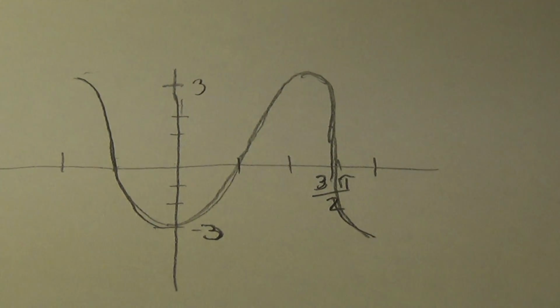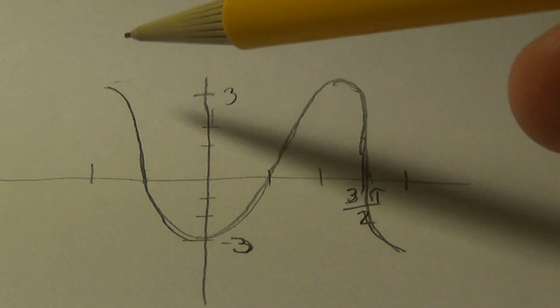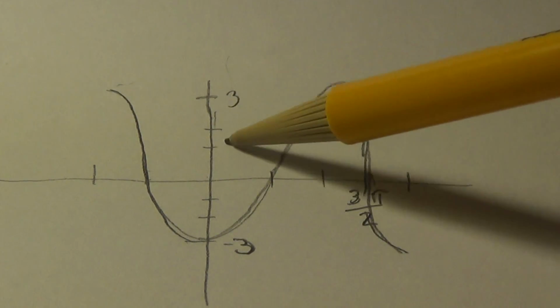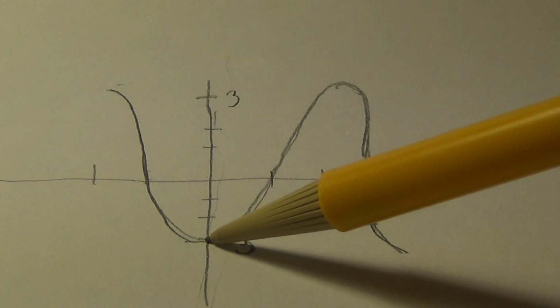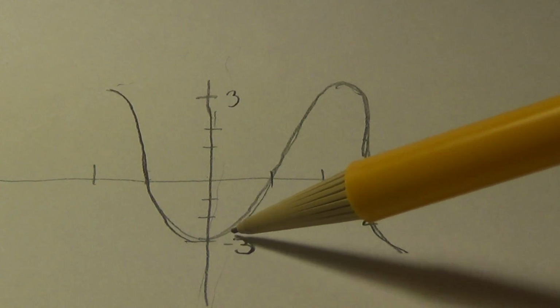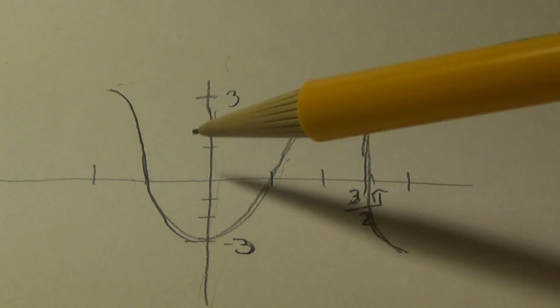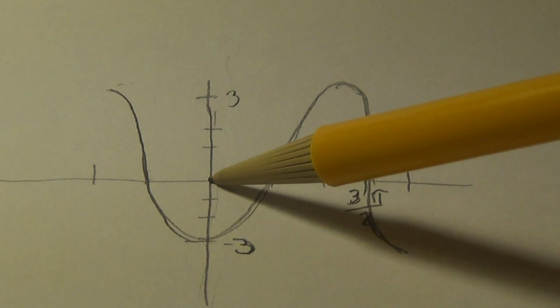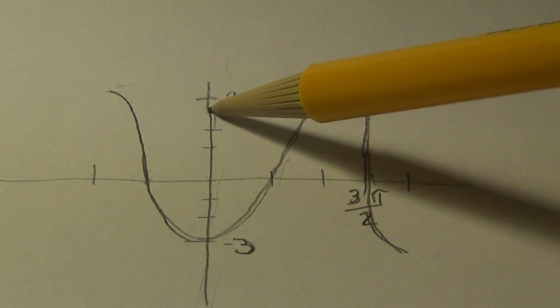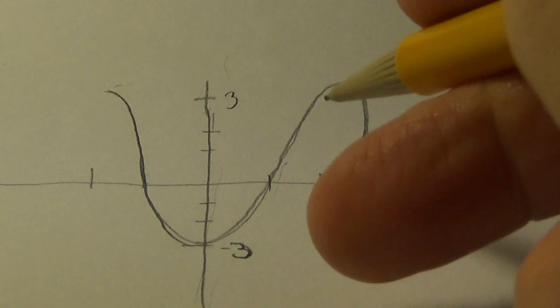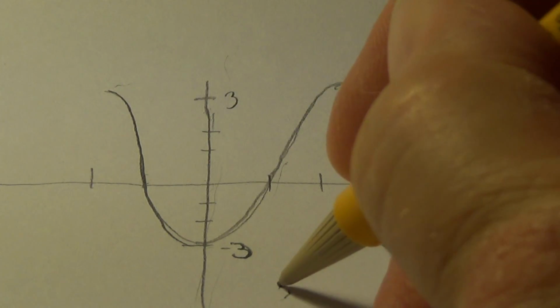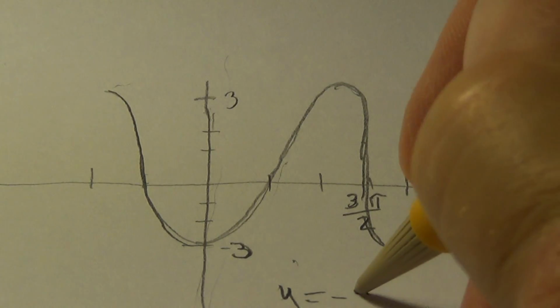So here we have a function, and if I check on the y-axis, it's a good thing to check there, I notice it starts at the low point on the y-axis and then goes up. So sine will start here, but cosine usually starts high. But since it starts low, that tells me that I'm dealing with a cosine curve that has been flipped.